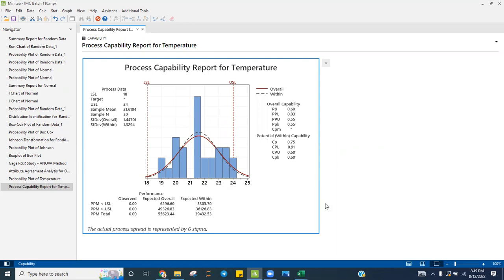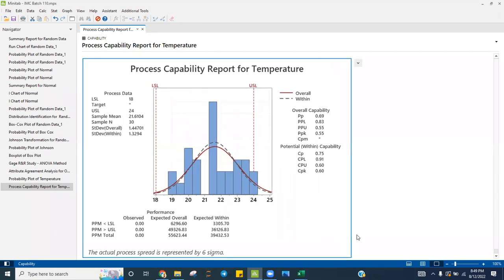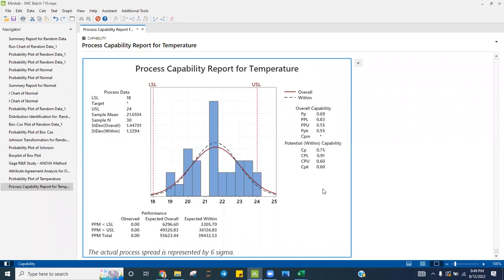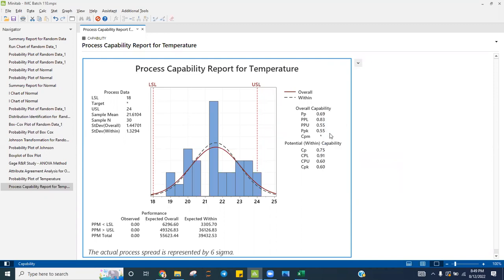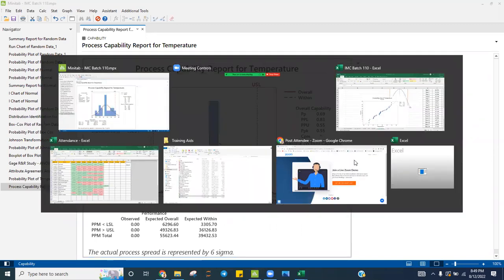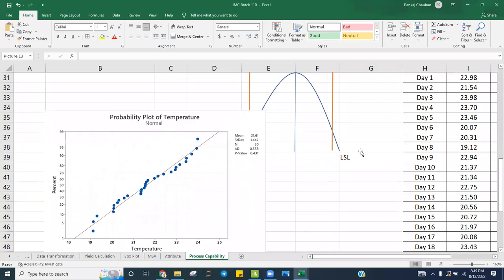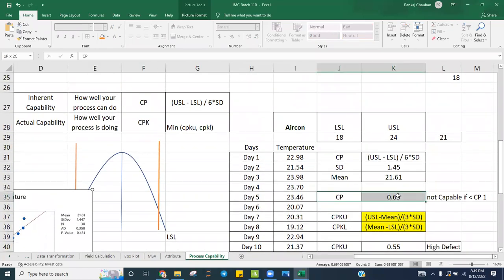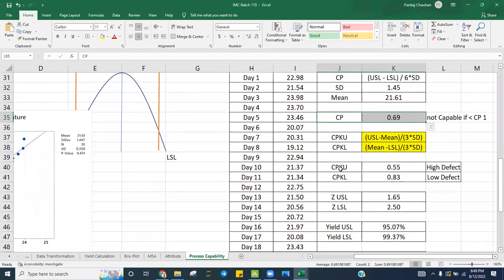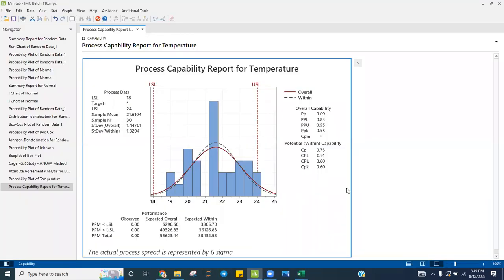Can you see here? Inherent 0.69, lower side 0.83, upper side 0.55. And if I see what we calculated manually, you have 0.69 inherent capability, 0.55 on the upper side, 0.83 on the lower side, which is what we calculated here as well.